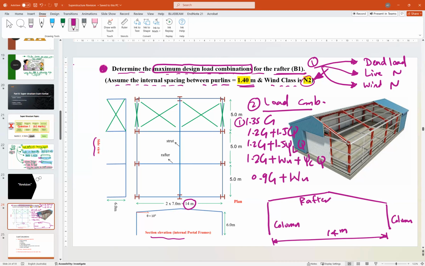So we have 5 load combinations. The final answer will be to select which one is the maximum. So this is what is meant by this question here.